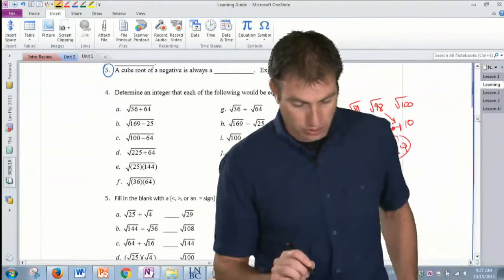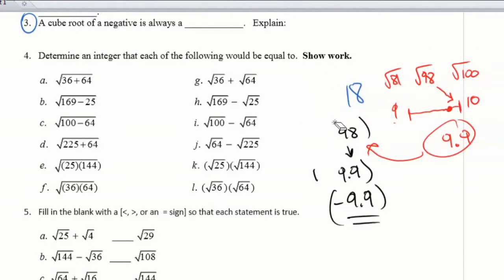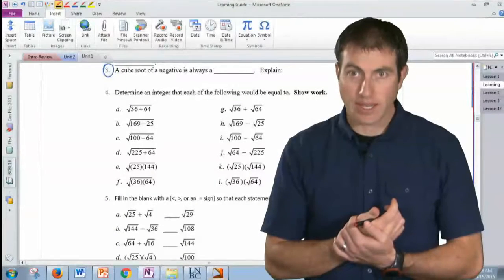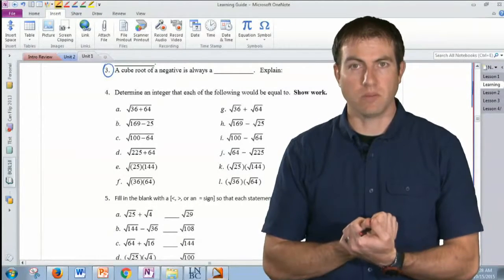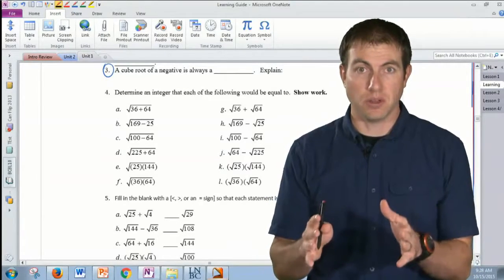Determine the integer that each of the following would be equal to. Show your work. For sure. We can do maybe 1 or 2 of these. Just get this out of the way. So kind of like what we did in the practice. And just so I'm making sure I'm understanding, Abby, you're good, or do you want me to do another question?